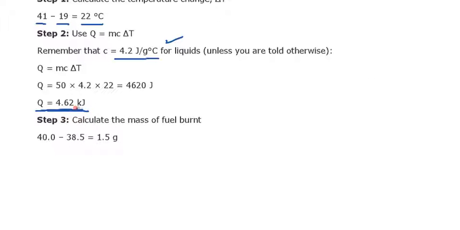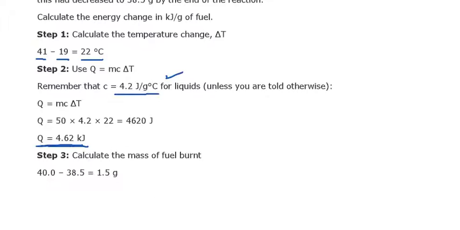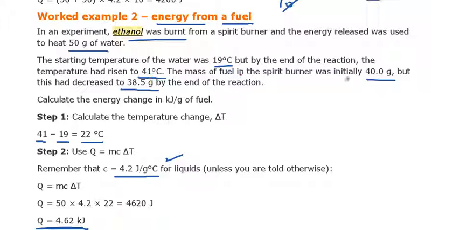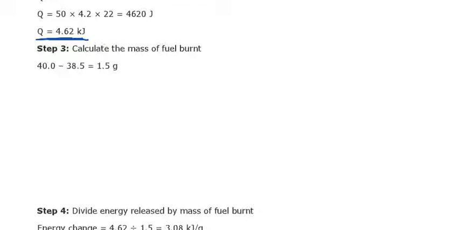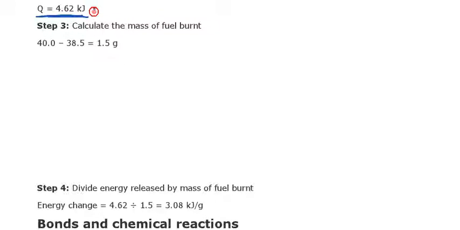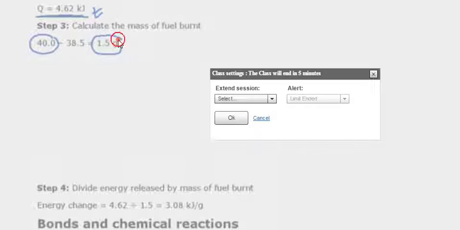But this value is for the complete fuel you are taking. Because here the fuel is not completely consumed. Initially you have 40 gram, but after the reaction it's 38.5, meaning only 1.5 gram is reduced. So this is the value you get for the complete 40 gram, but you need the value only for 1.5 gram.